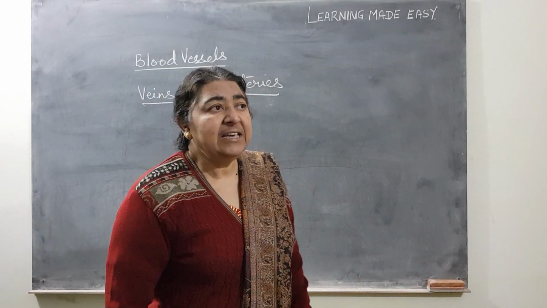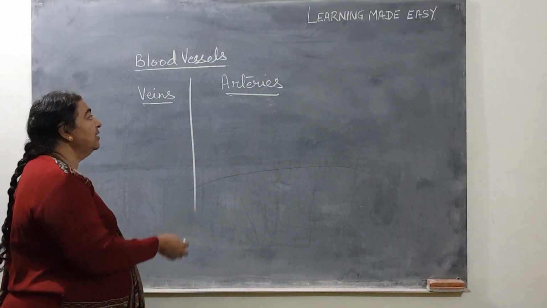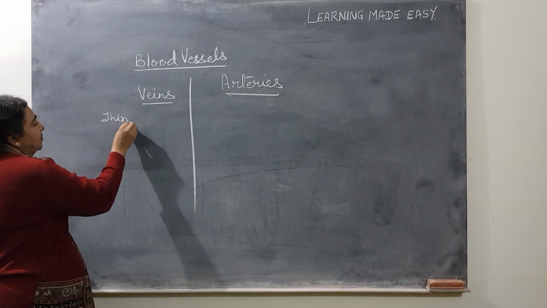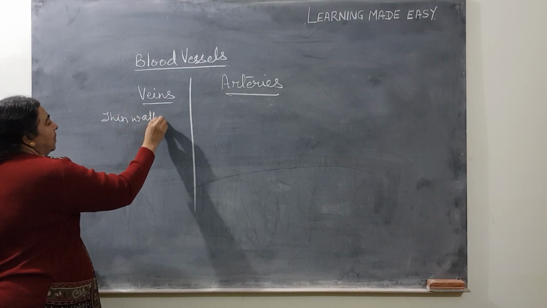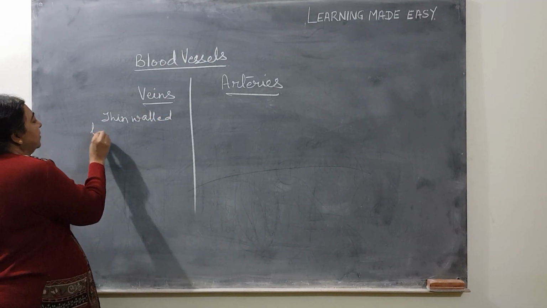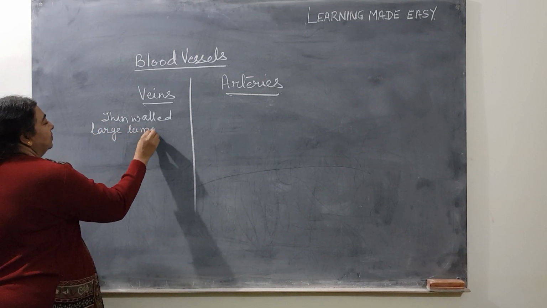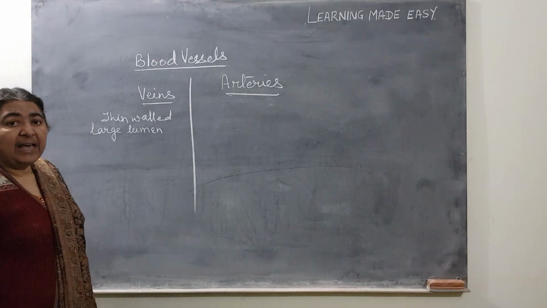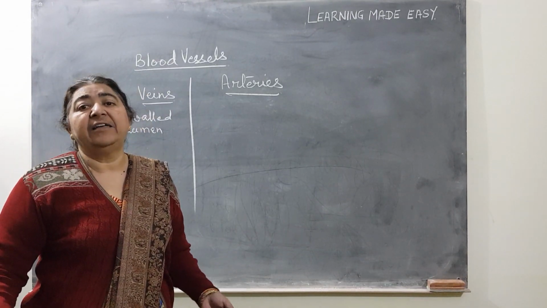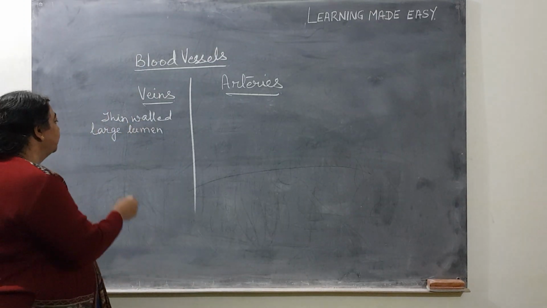Veins, as they are collecting blood from various parts of the body, are thin-walled, having large lumen. As they are moving the blood in an anti-gravity direction, they have valves present in them.